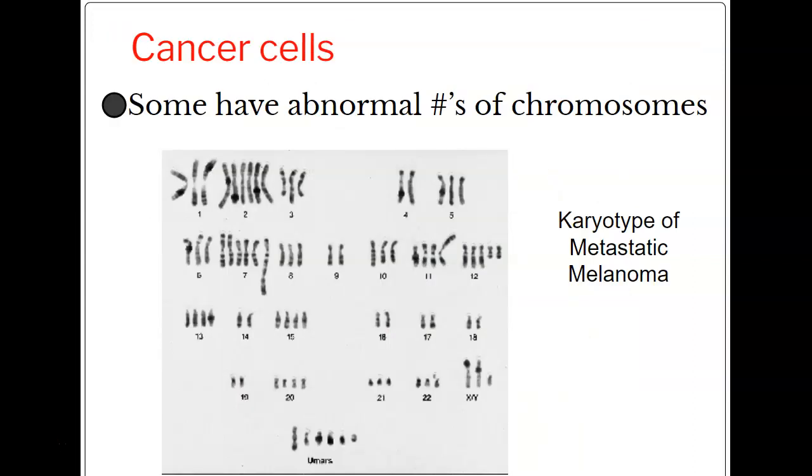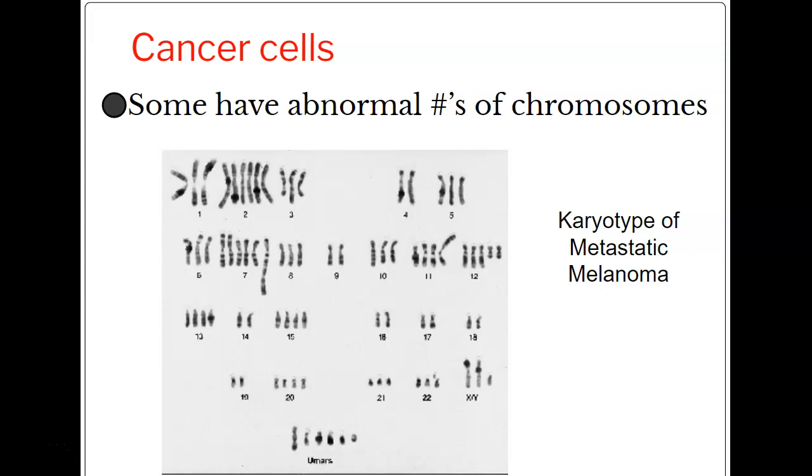It's important to note, too, that cancer cells are also a little bit different. Oftentimes, because they divide without going through repair or apoptosis, they can have an abnormal number of chromosomes. And so this is a picture of a karyotype of a metastatic melanoma. So melanoma is skin cancer, the kind of black dots that you get.